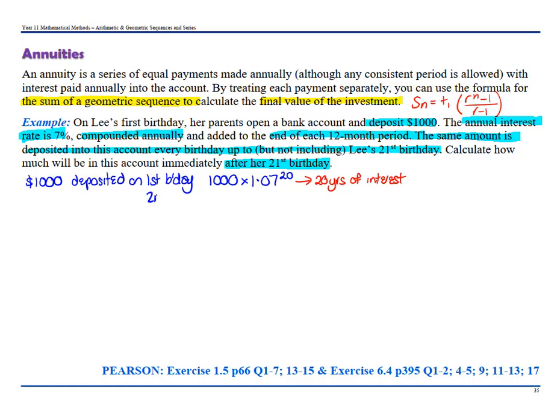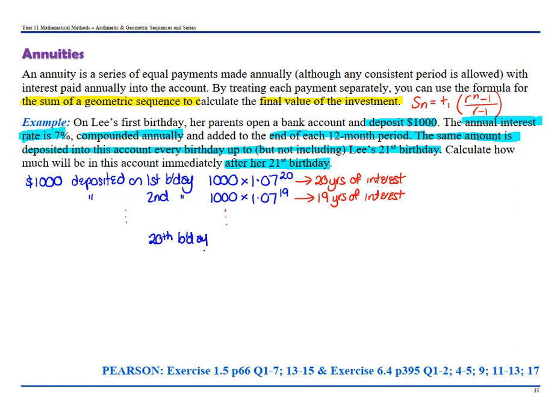Then when we look at the second birthday, we're going to have 1,000 times by 1.07 to the 19. So that amount is going to earn 19 years of interest. And then we'll keep going until we get to that last payment on her 20th birthday.